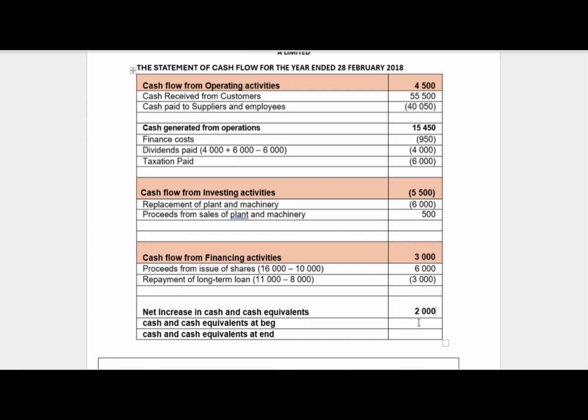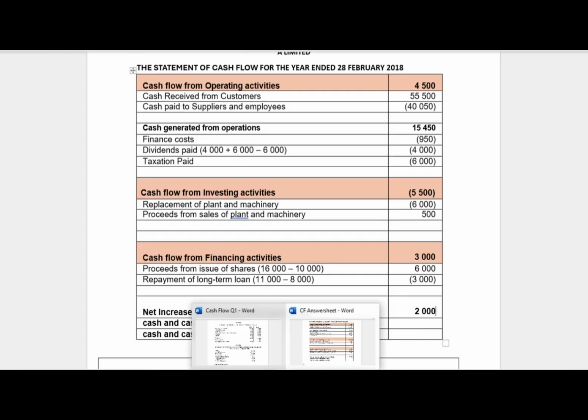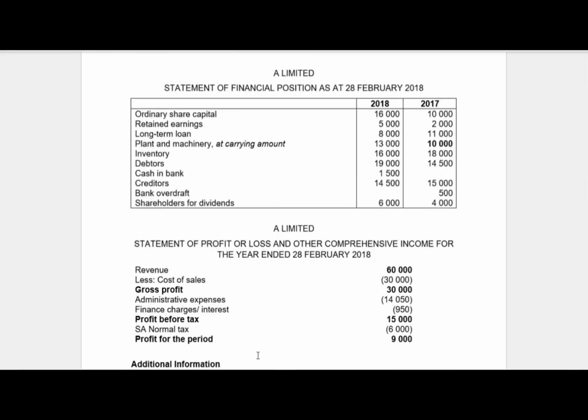So let's go to our question. We're going to check this in our statement of financial position. At the beginning, we've got our bank overdraft of 500. So our bank overdraft is our cash and cash equivalents at the beginning of 500.